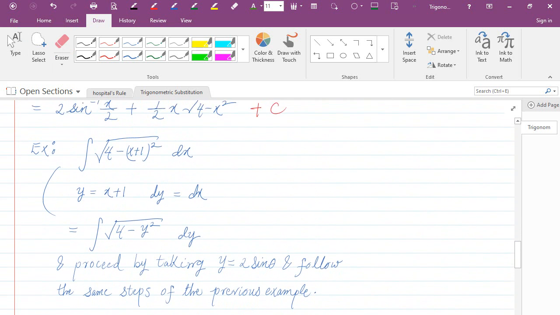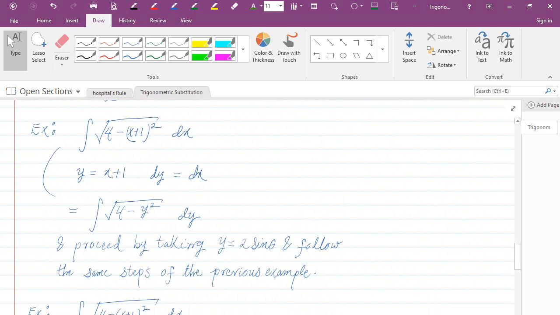Okay, so what if I had something like the root of 4 minus x plus 1 squared? So recall that in the previous problem I had x squared here. Now I'm putting x plus 1 squared. So how does that change the problem?